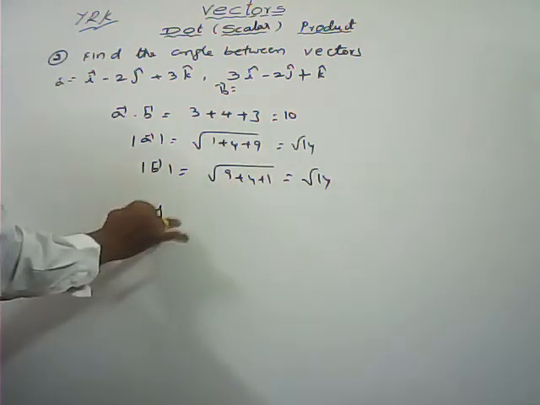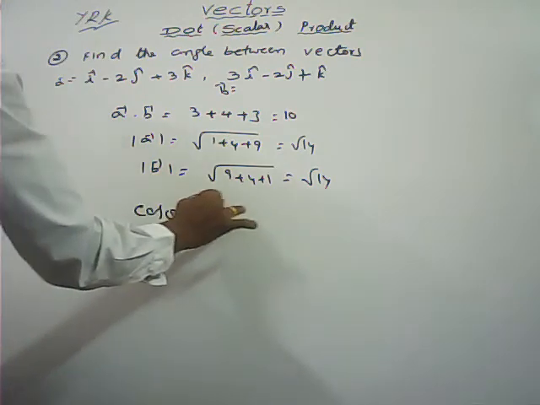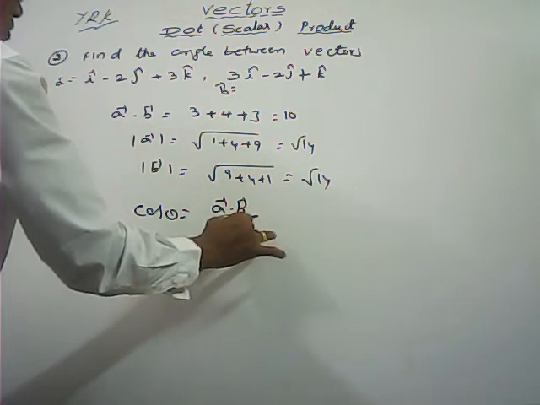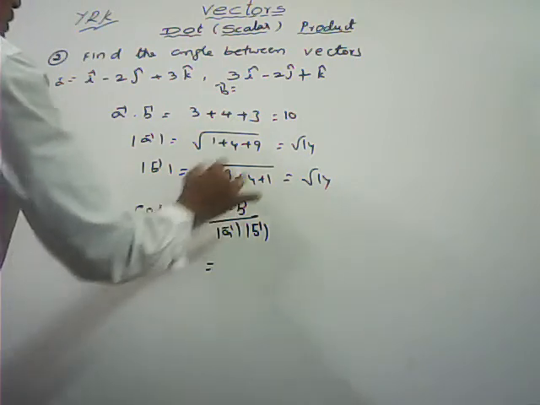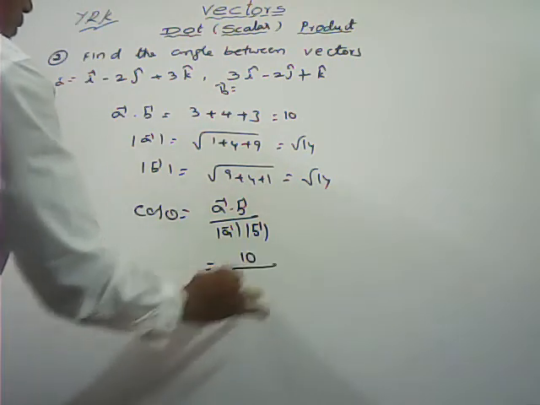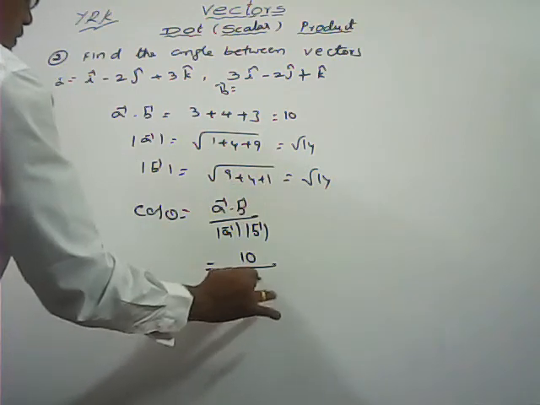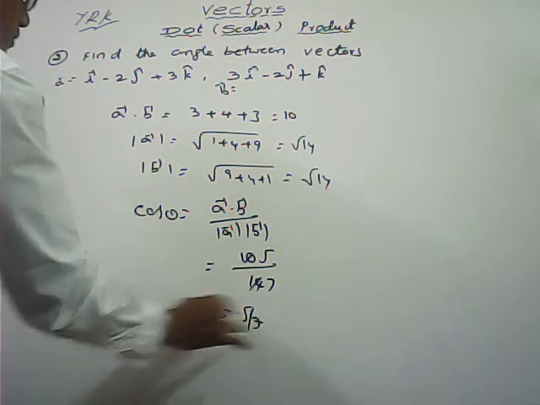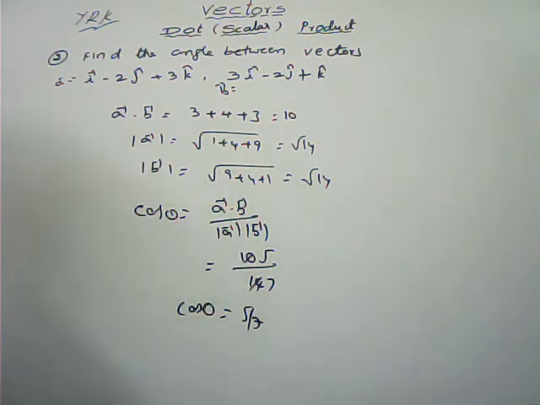Now cos theta is equal to a bar dot b bar upon modulus of a bar into modulus of b bar. Here we got 10 by root 14 into root 14, that is 14, 2 7s are 14, 2 5s are 10, so 5 by 7. Cos theta is 5 by 7, theta is equal to cos inverse 5 by 7.